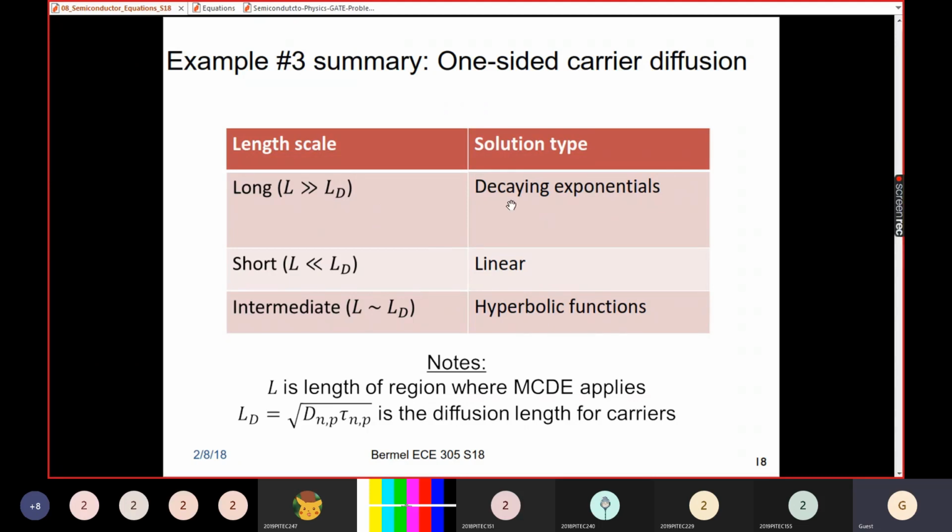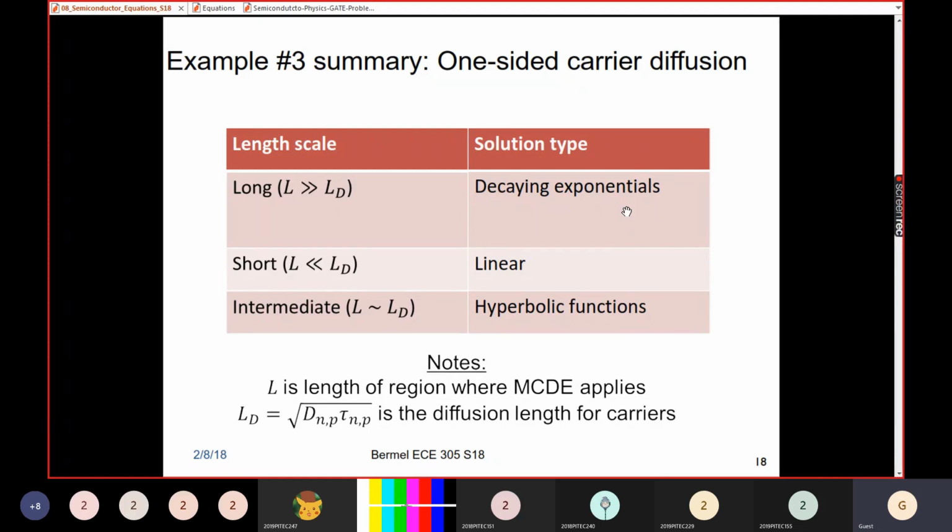That is solved by using the solution called the decaying exponential. If the original length is less than the diffusion length, then a linear solution will be achieved. And in case L is approximately equal to the diffusion length, hyperbolic functions will be used for solving.